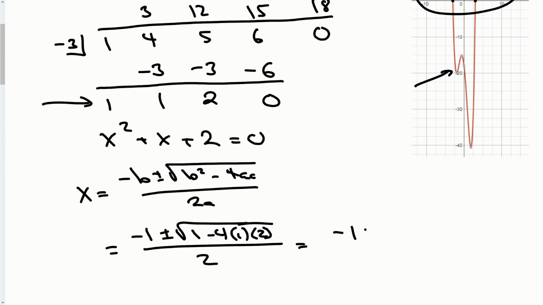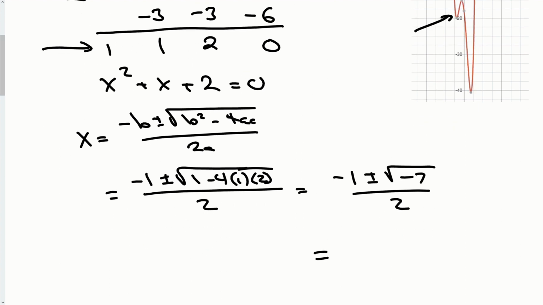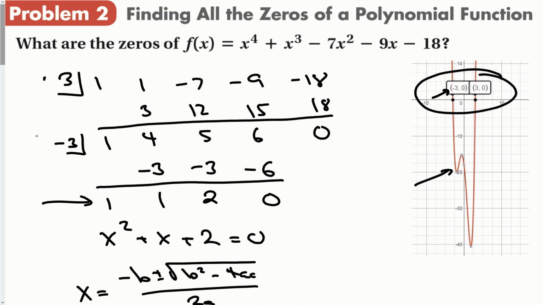So that's negative 1 plus or minus the square root of 1 minus 8, which is negative 7, over 2, which leaves me with my next two answers, negative 1 plus or minus i radical 7 over 2. Okay, so this is 2 roots, plus and minus. These are my other 2 roots, and now I have 4.